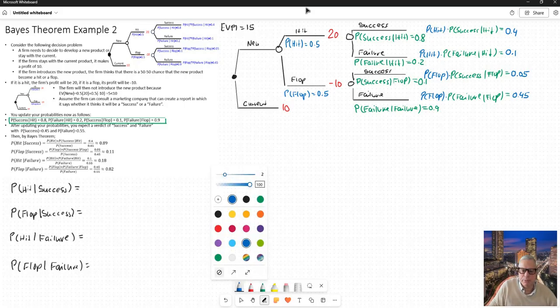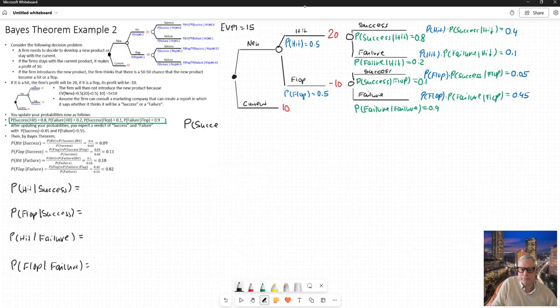So in other words, the probability that you get a success verdict is 0.4 plus 0.05, or 0.45. The probability that you will receive a failure verdict is now 55.